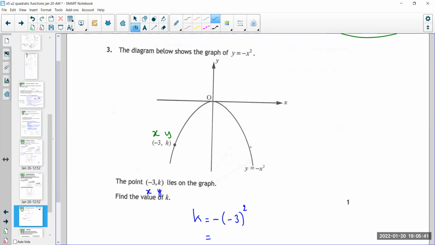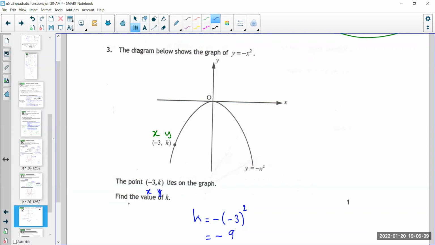What is (-3) squared? Can someone remember? 9. 9. So because you've got a minus in front, then you get k equal -9.